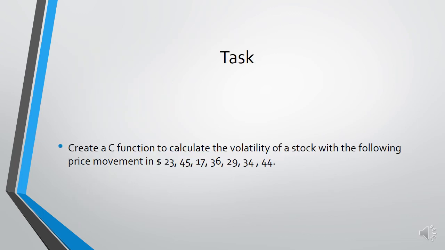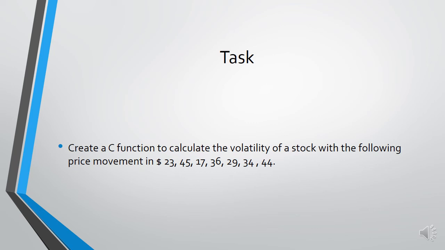Another example you need to do in your own spare time is a C function that calculates the volatility of a stock with the following price movement. You have to here create an array that will keep track of the price movement. And you know the formula for volatility from your other courses that you have learned.